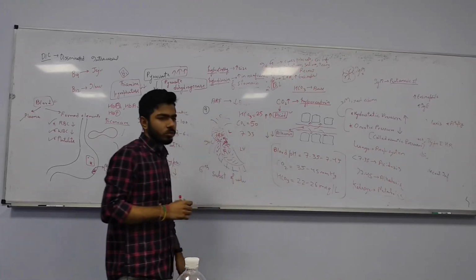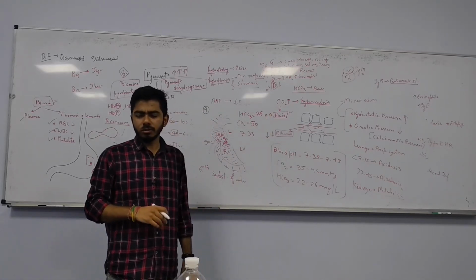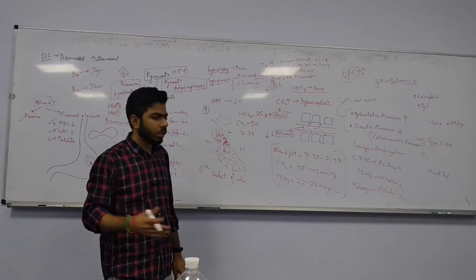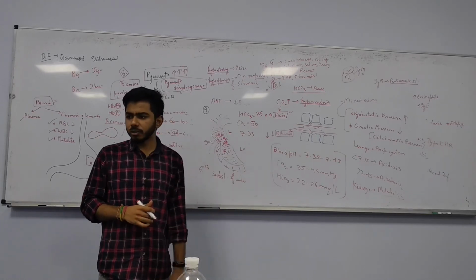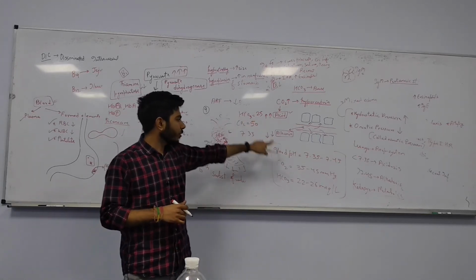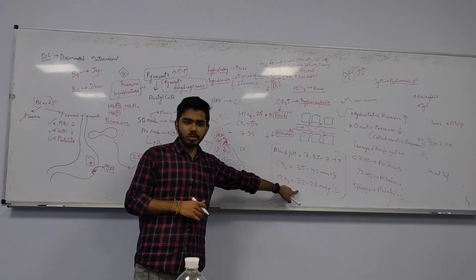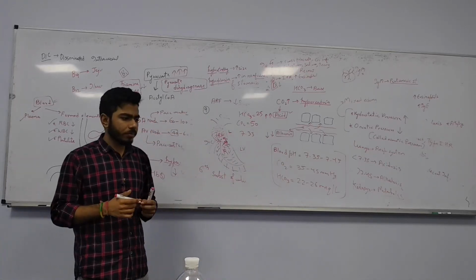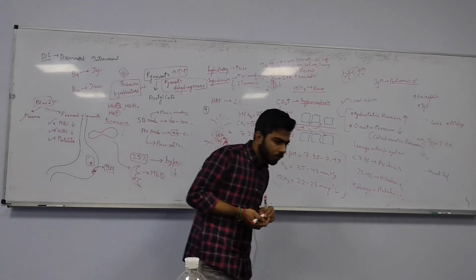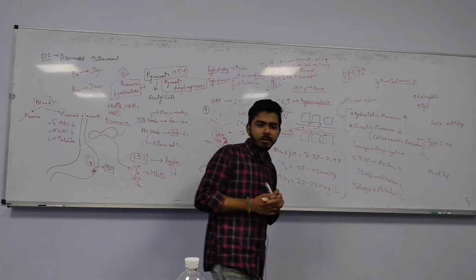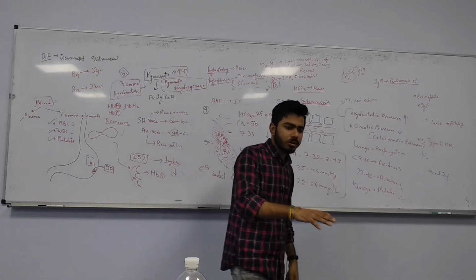What is the answer? Acidosis, but which acidosis? Respiratory, because the HCO3 of 25 is falling in the normal range. So this is a case of respiratory acidosis. Okay, fine. Is this question clear?